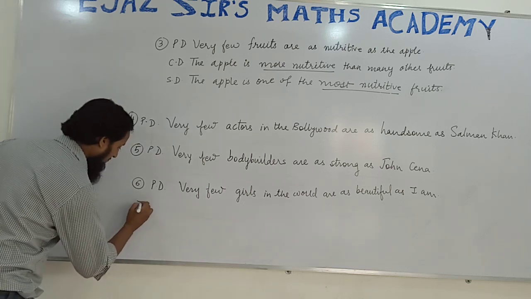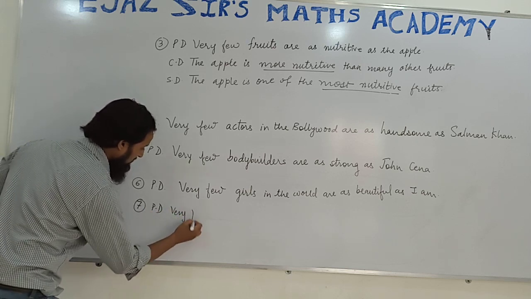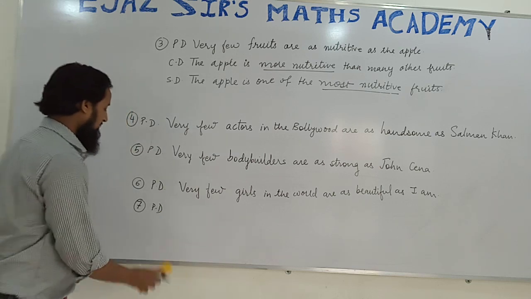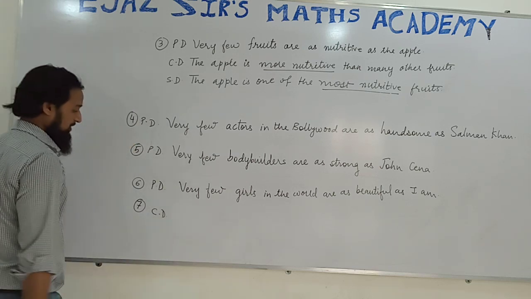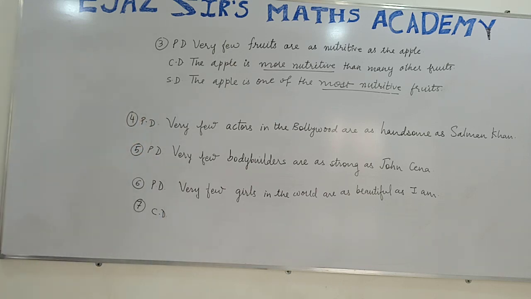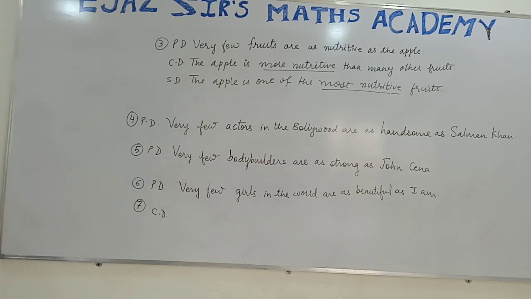Number 7. Very few. Now I think I should change the degree. I'll give it in the comparative degree. You will change to superlative. What should I write? What example would be a good one?